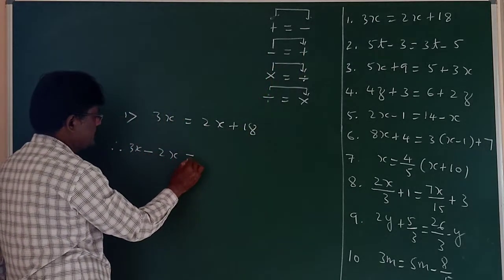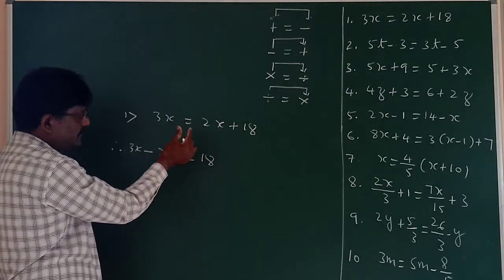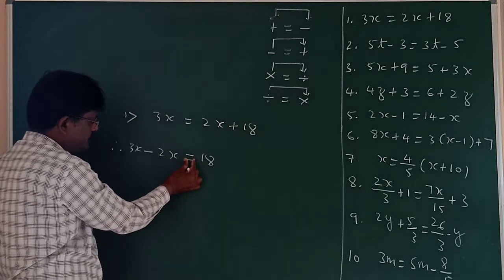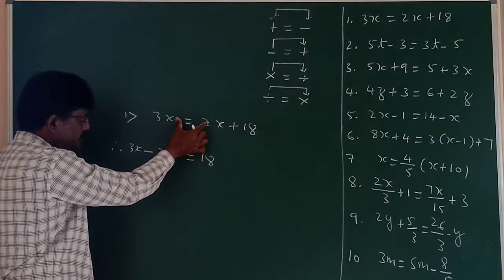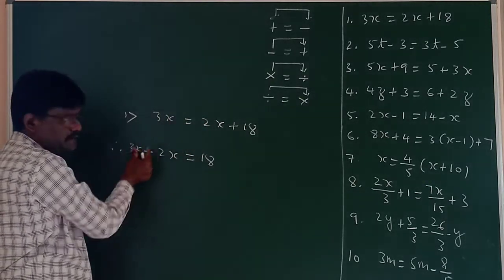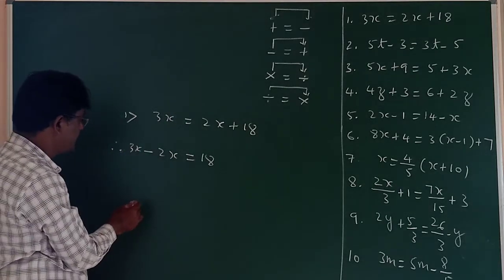Minus 2x equal to 80. See here, maintain the discipline. Here we have equals, just below that put equals and put therefore. Therefore means because of this step, this step is continued here. That's why we have used these symbols. It is compulsory.